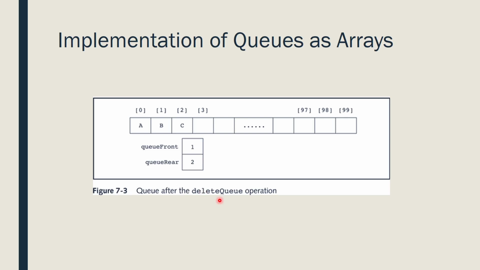So after the dequeue operation or the delete queue operation, the queue front is pointing to 1. That is, index 0 is empty and the front is now pointing to index 1. And still the queue rear is pointing to index 2.